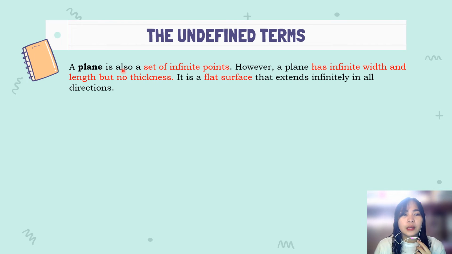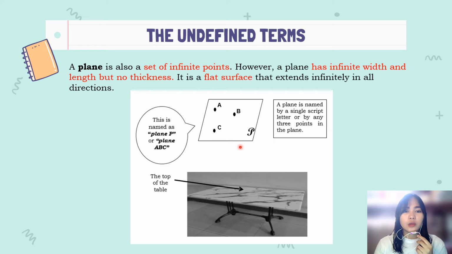Second is a plane, which is also a set of infinite points. However, a plane has infinite width and length but no thickness. Always remember, it is a flat surface that extends infinitely in all directions. So we have here our example of a plane. This is a flat surface. A plane can be named plane P. A plane is named by a single script letter or by any 3 points in the plane.